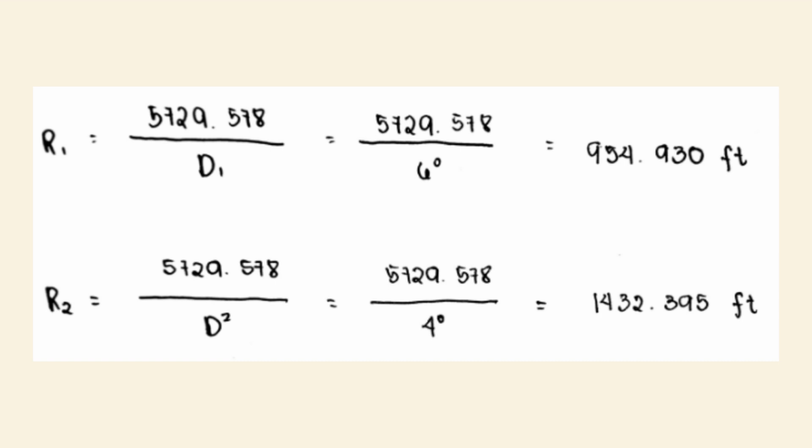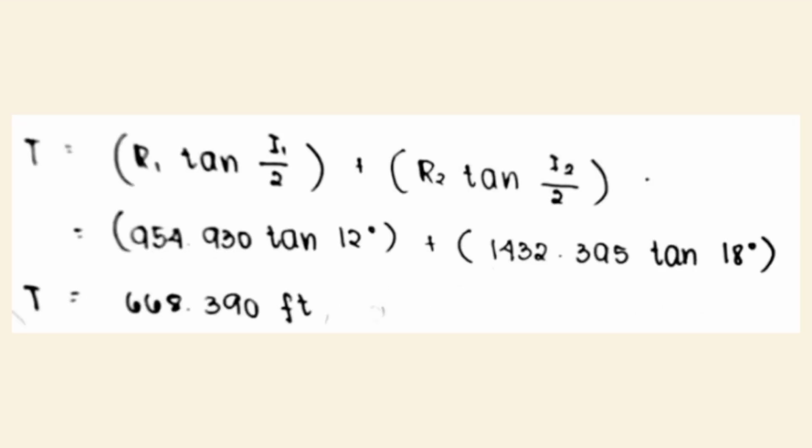For R sub 2, using the same formula, we have 5,729.578 over 4 degrees. So R sub 2 is equal to 1,432.395 feet.